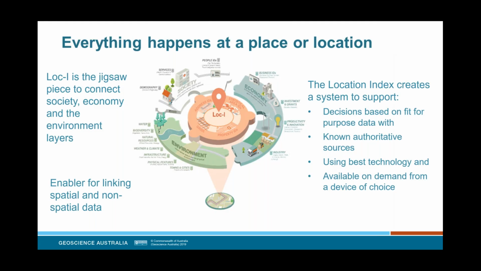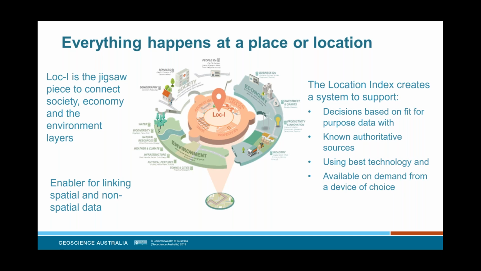What the video highlights is, I think anyone who's involved in government probably shares or understands a number of those challenges that happen when we're talking about integrating data. What we're basing Location Index on is that when we're talking about supporting policy decisions, everything happens at a place or location, and that's the way in which policies usually are defined.